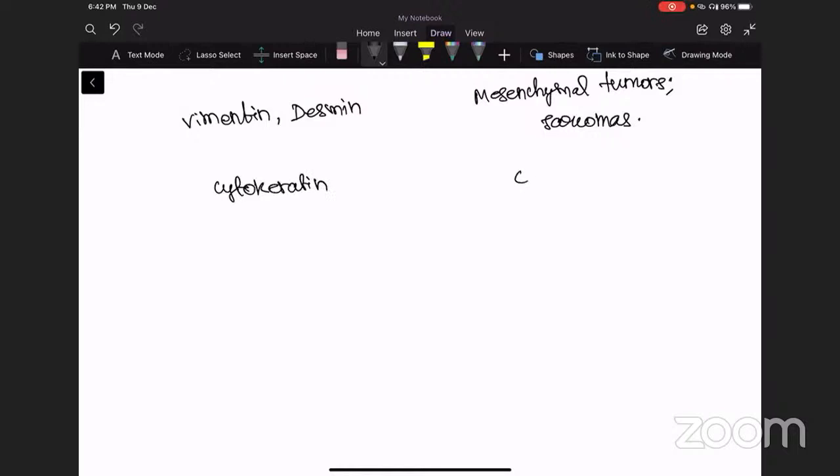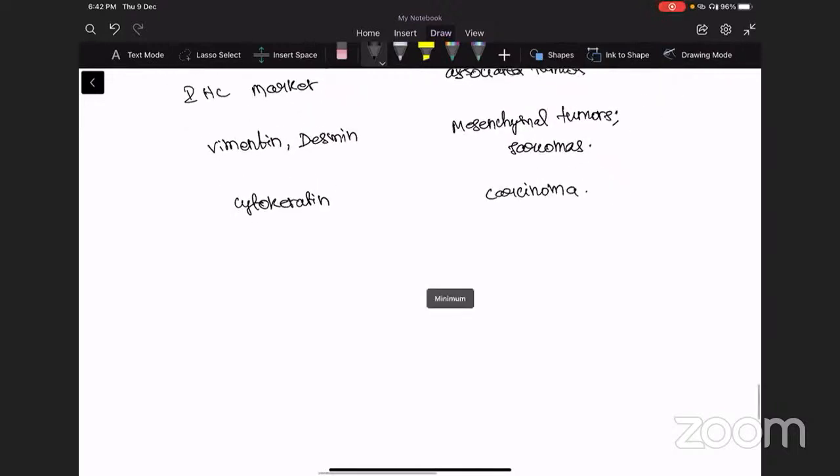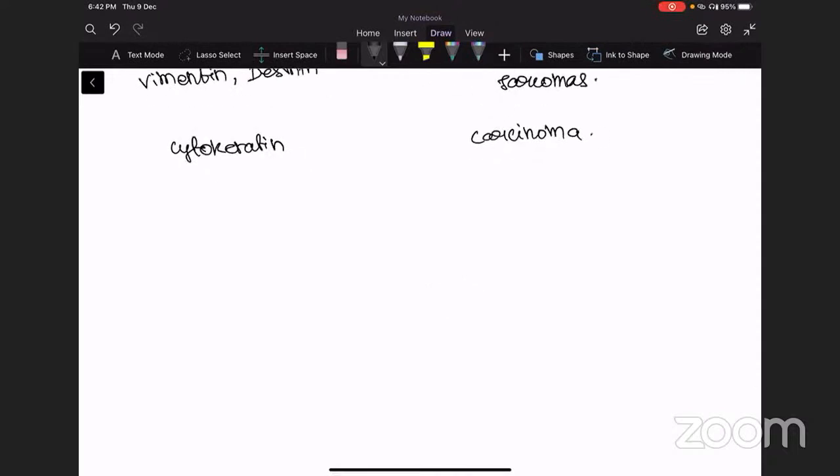Cytokeratin is a marker for carcinoma. Calretinin, mesothelin, marker for mesothelioma.